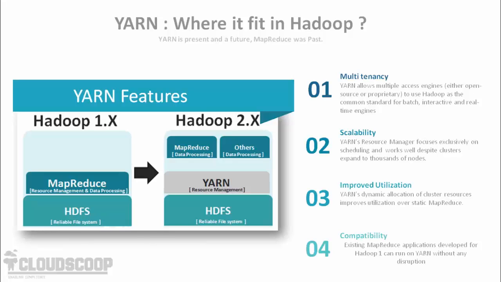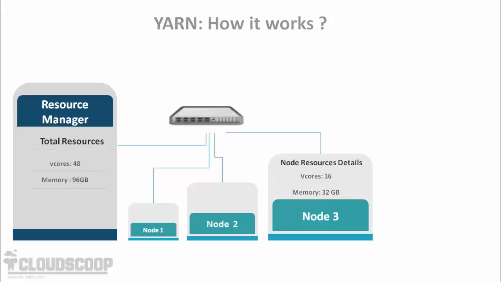So let's see in detail how YARN works, how it allocates resources, etc. You can see the resources available to the resource manager in the diagram are around 96 GB of memory as well as 48 cores of CPU. How are they calculated?